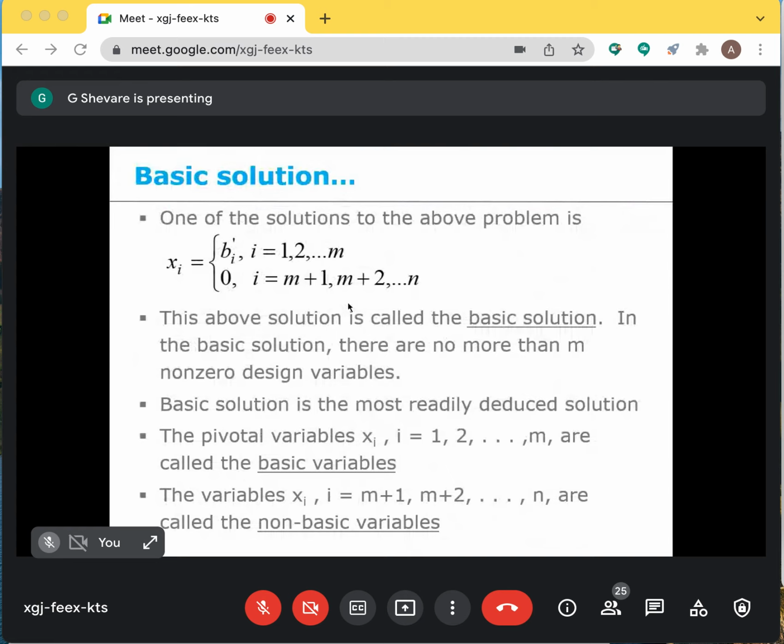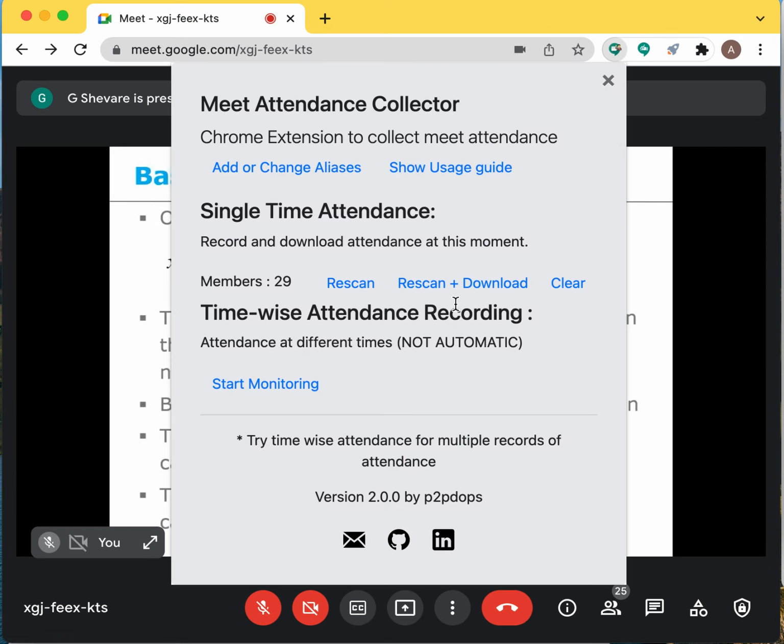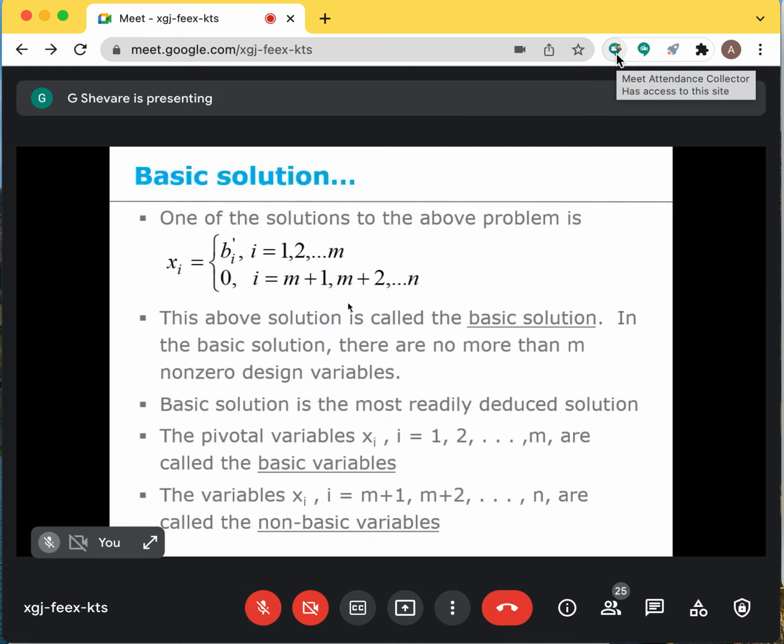That is what is said. One of the solutions for the above problem is, for example, xi, i varying from 1 to m, is bi dash, and I have put xm plus 1, xm plus 2, xm plus 3, xm plus 4, they are all 0. Because I can choose whatever values I want for xm plus 1, xm plus 2, xm plus 3, etc. till xn, and that will not violate my equality constraints.